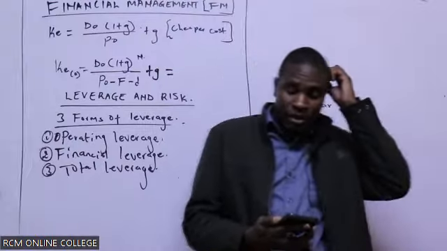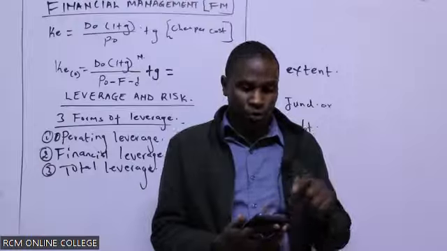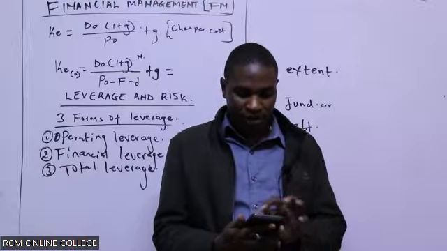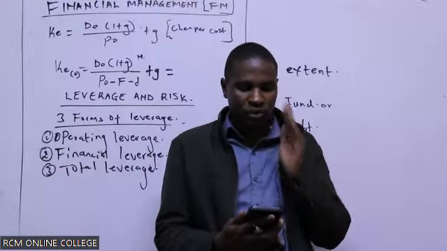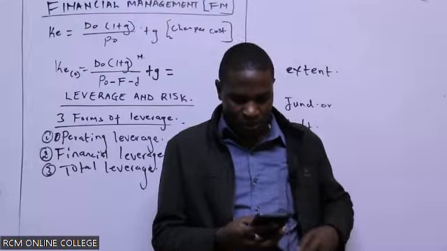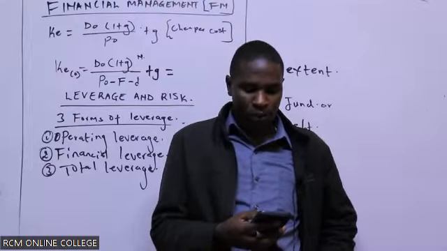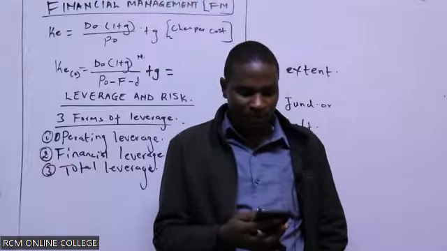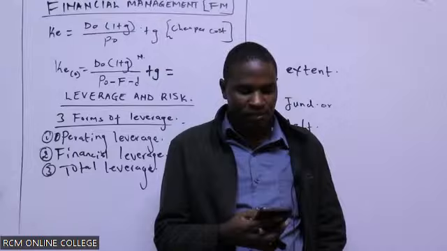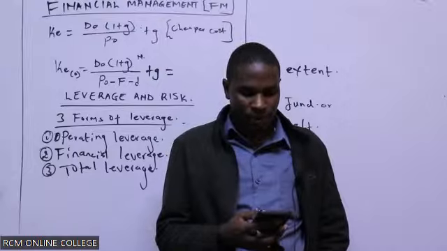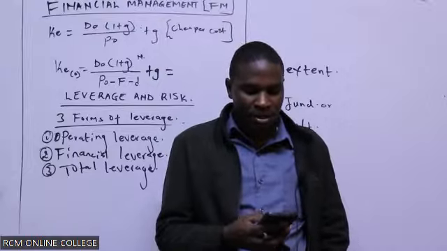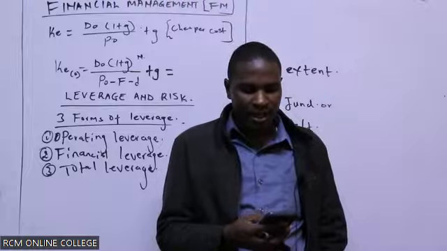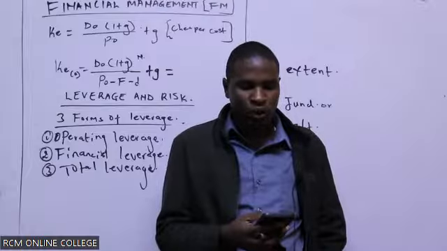Therefore, this operating leverage helps you to get that ratio of cost, the fixed cost and the variable cost. Then you put a full stop and continue and say a higher operating leverage means that the company has a higher proportion of fixed cost.